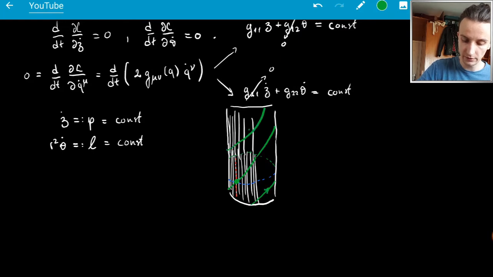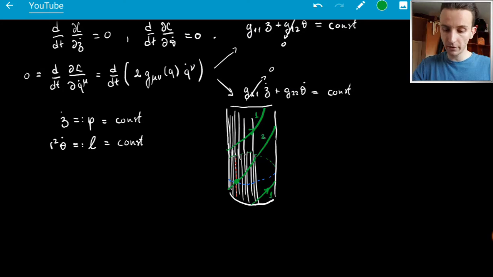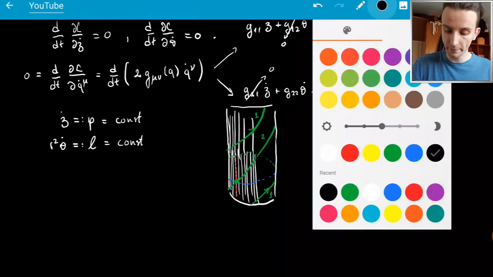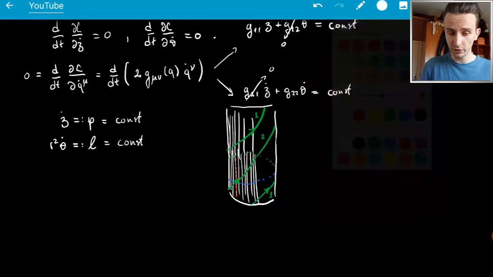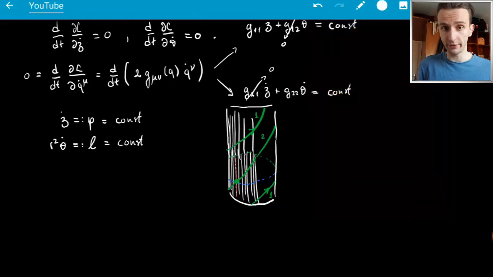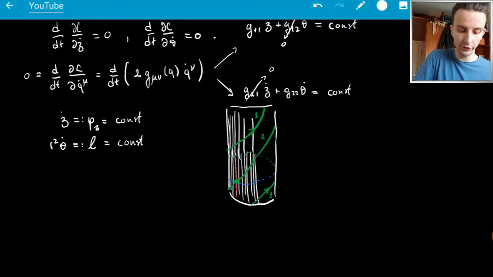So this is the same one. Let's call this 1 and call this 2. Obviously everything depends on the initial velocity and initial angular momentum. I mean, velocity is encoded into momentum, right? So that's pretty nice.